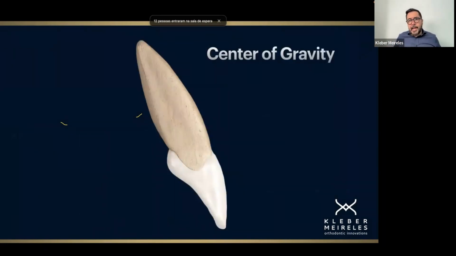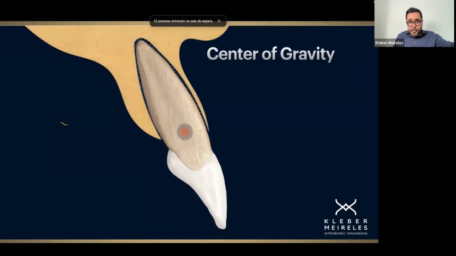Point of application, line of action, and since we are applying the force most of the time far from the center of gravity of the body that we are moving, of course, you know that regarding biomechanics, regarding orthodontics, we don't call it center of gravity, since that specific body is not free in space.